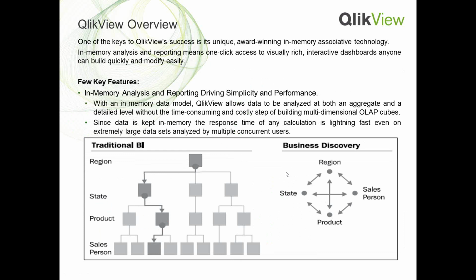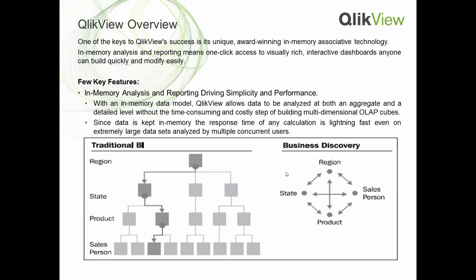Okay, so as I told, it obviously makes an associative model and it stores the data in the RAM. Okay, so how does it store the data in the RAM? That is also an important concept here. What it does is it basically forms an associative database in the RAM and then stores the data in it.